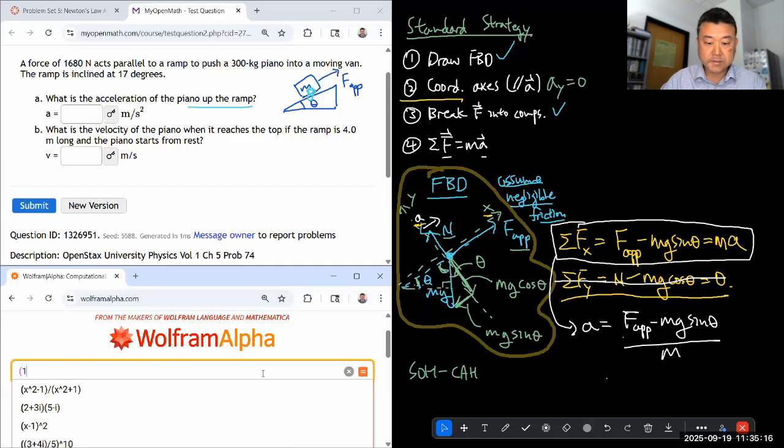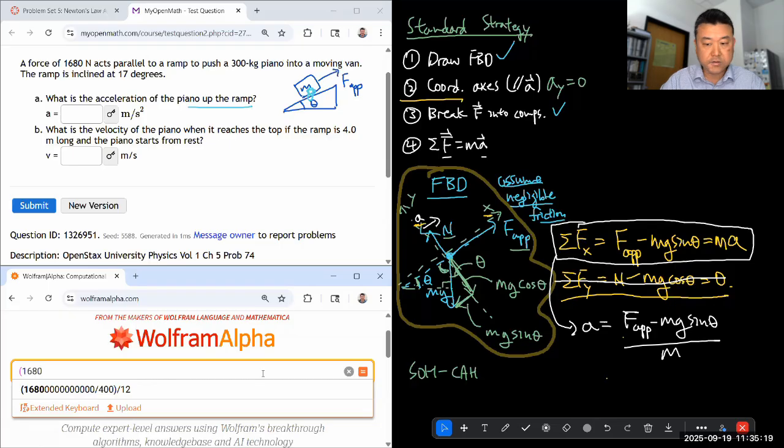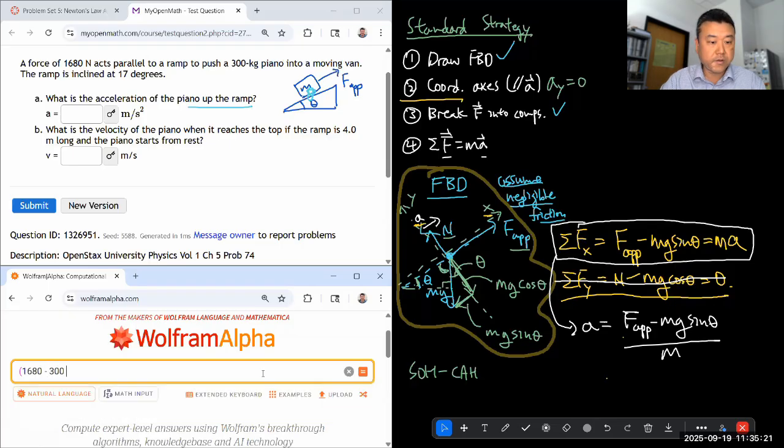So apply the force, 1680 Newton, minus mass, 300 kilogram, times g, 9.8. If I'm not plugging in units, I can't look up physical constants using Wolfram Alpha, because that'll come with its own unit, and it's all or nothing. Either put units for everything or for none of them. So times the sine of 17 degrees.